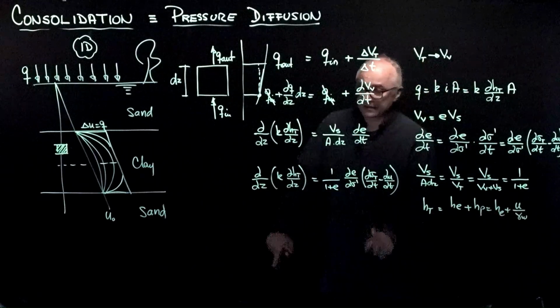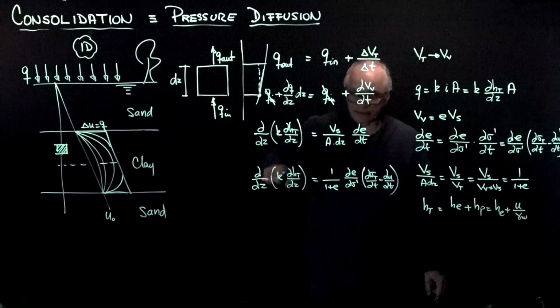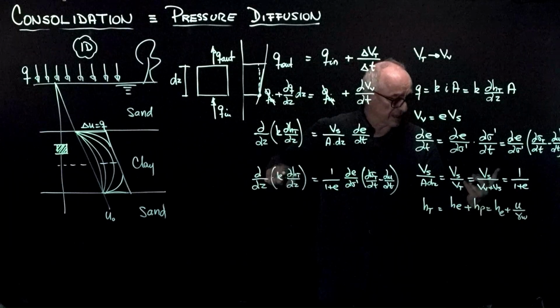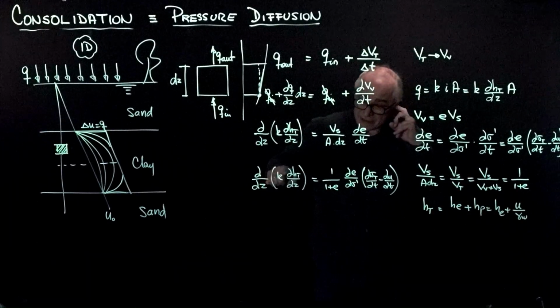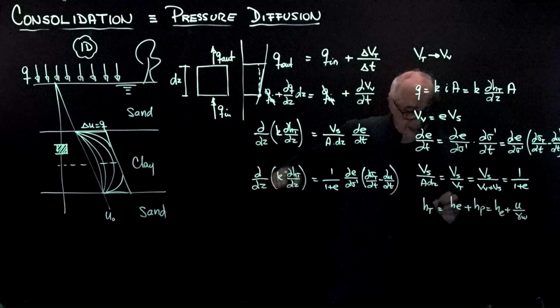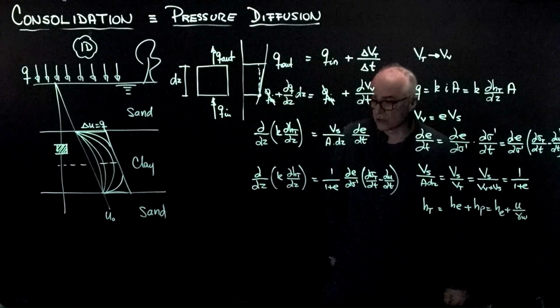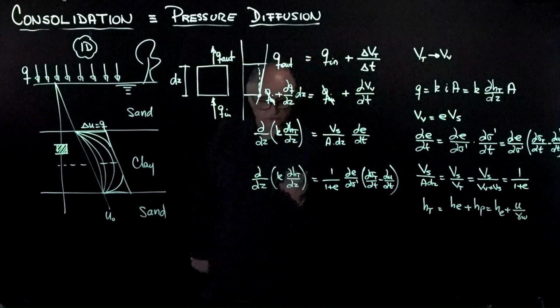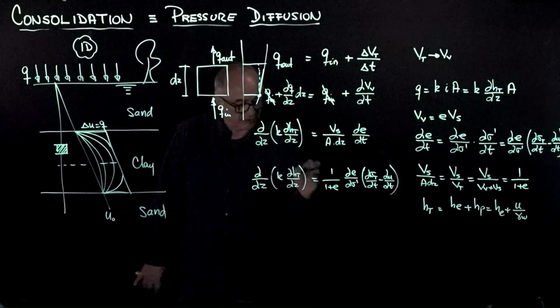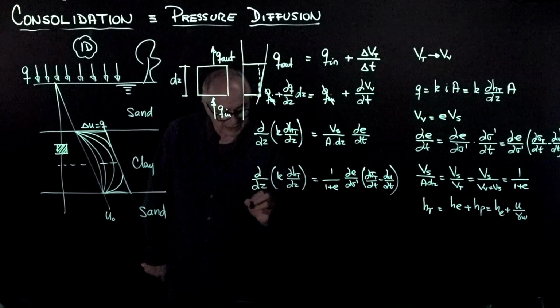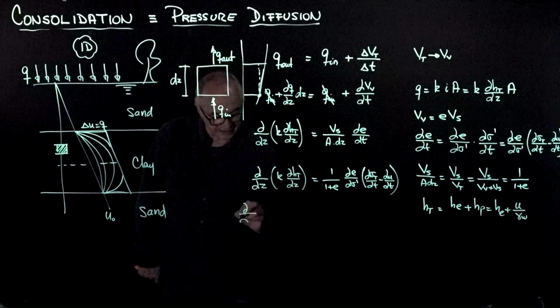And so this can come here, but the derivative of the change in elevation with respect to z is 1. So if we replace it here, this will become 1 plus du/dz over gamma water, but we can keep it in that form for now because I'm going to make a few additional substitutions. So let's write it down just for completeness.